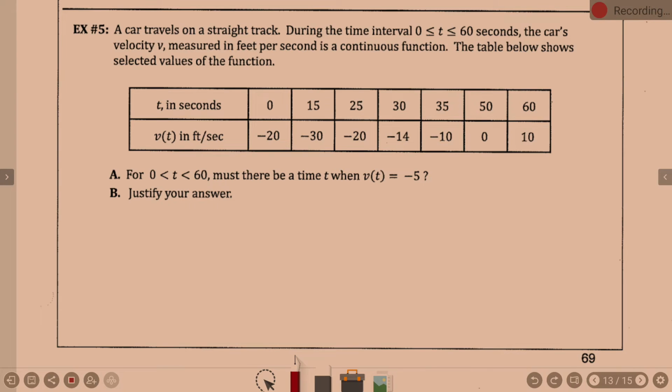First question, for values from 0 to 60, must there be a time t when v of t equals -5? And B is just justify. Really, I feel like we're doing the same thing that we were last time, essentially. But okay, what do you think? Must there be a time when v of t equals -5 on the interval 0 to 60?